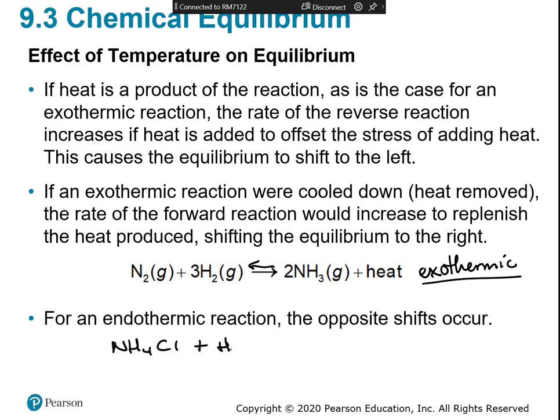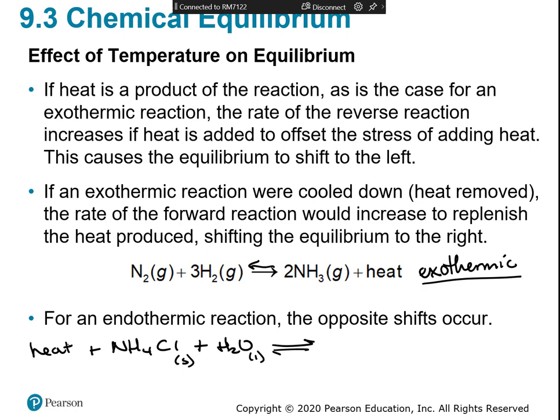And then in the little bladder, there's a little packet inside that just has water in it. So the ammonium chloride is a solid, and the water is the liquid. When you mix it together, it is very endothermic because it feels cold as it reacts.